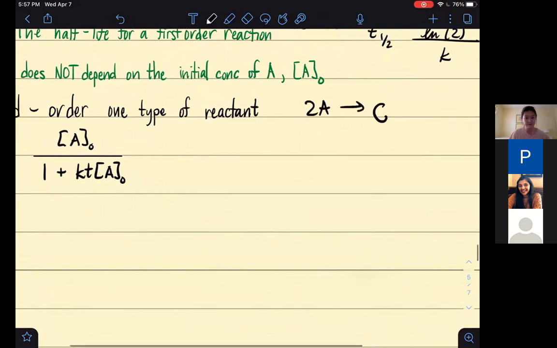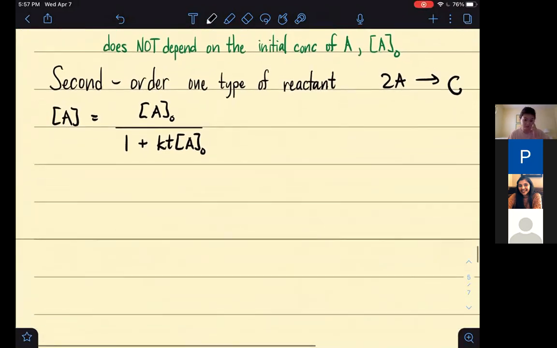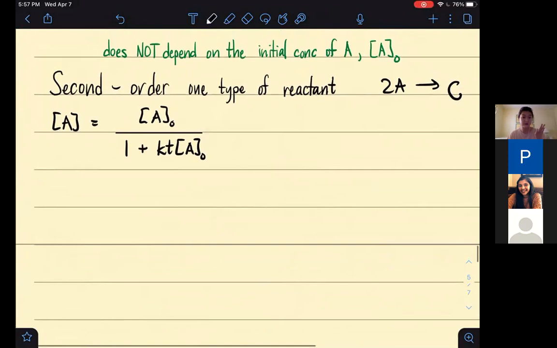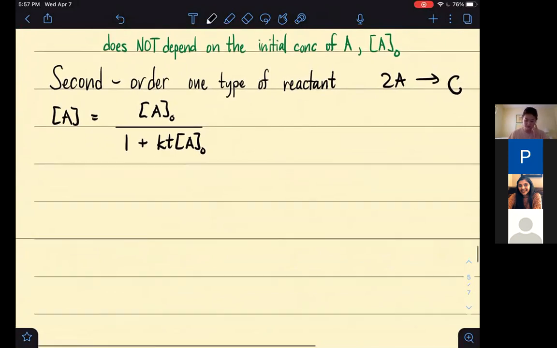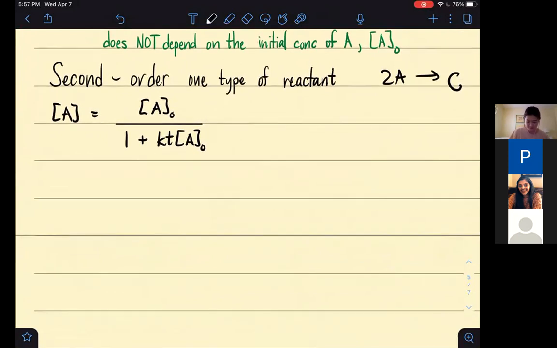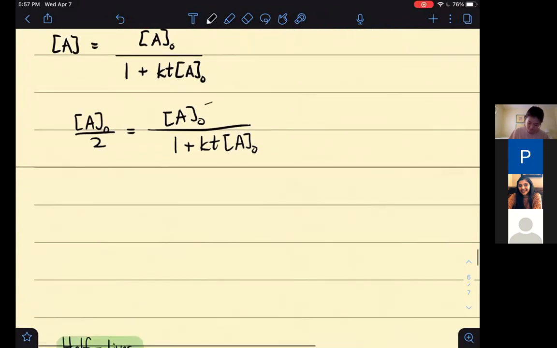So again, we know the integrated form is this equation. And then just do the usual thing, setting the concentration to be half of the initial. We have this term. So these cancel out, and then 1/2 is equal to 1 over 1 plus k times the time.